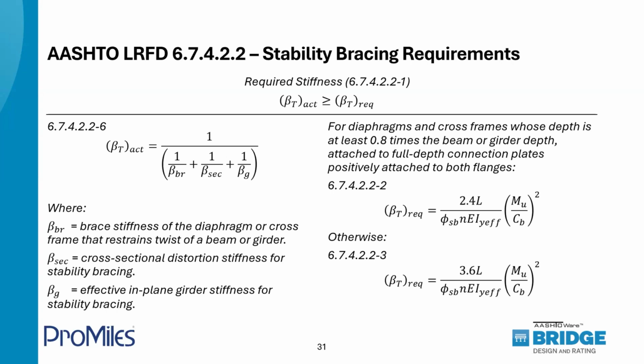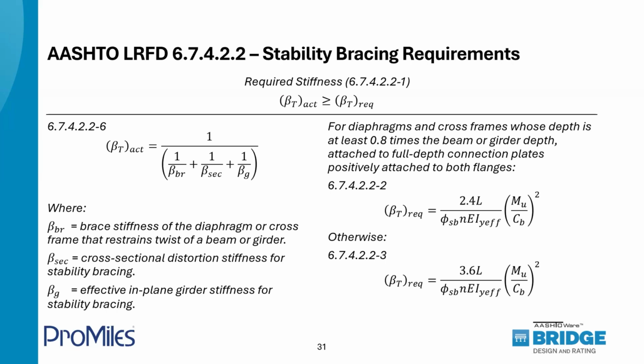The actual stiffness is going to be the sum of three different components. The bracing stiffness, beta BR, cross-section stiffness, beta SEC, and then a girder stiffness, beta G. And they're summed kind of like springs in series shown there. There's equations provided in the spec for each one of those components.